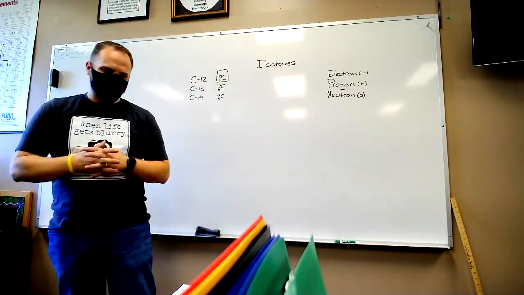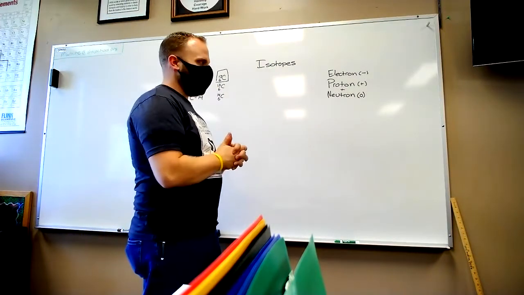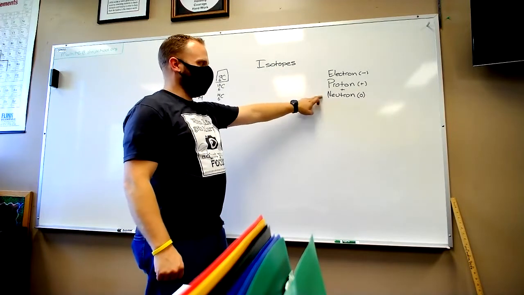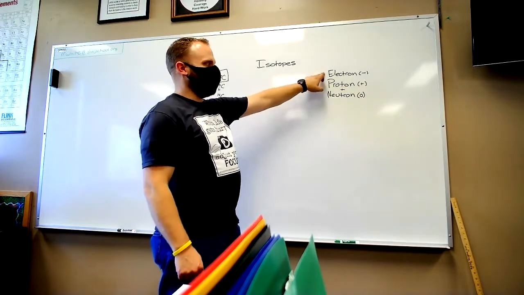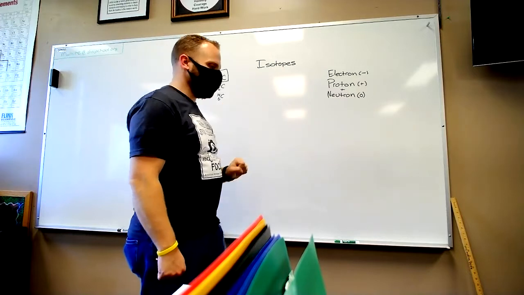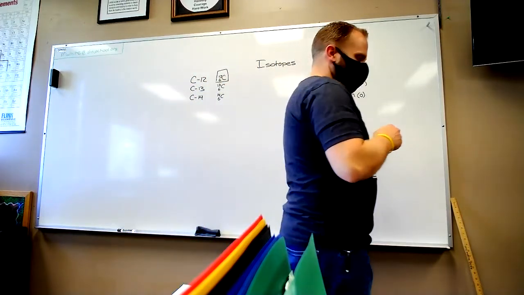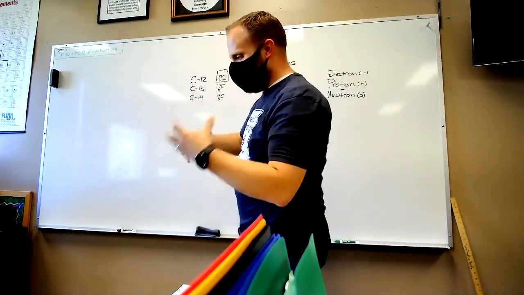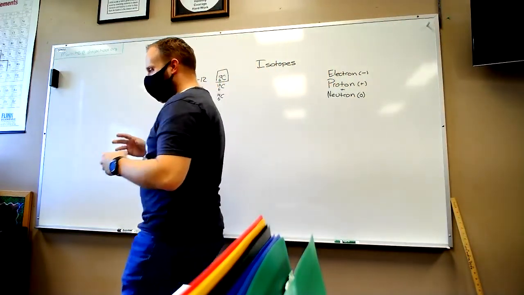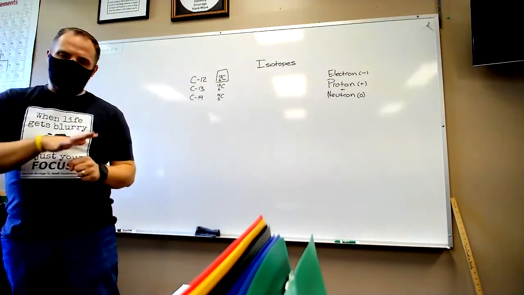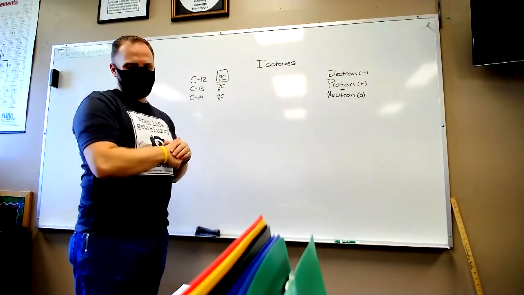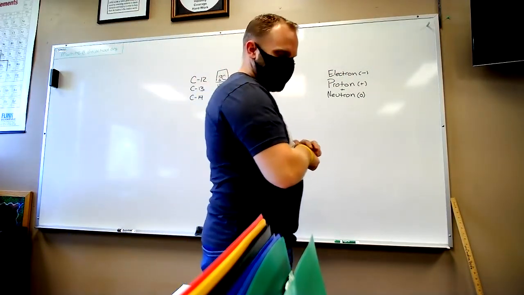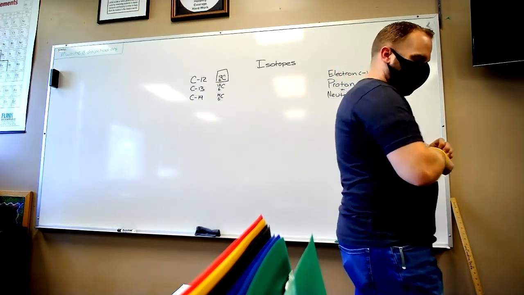And eventually, we get to the point where we know that in the center, we have protons and neutrons. And around the outside, we have electrons. Right? We also have organized all of these elements according to how many protons they have.